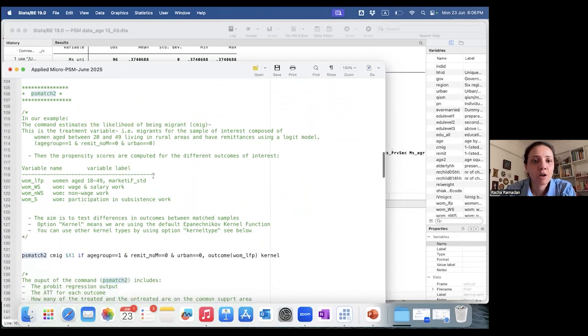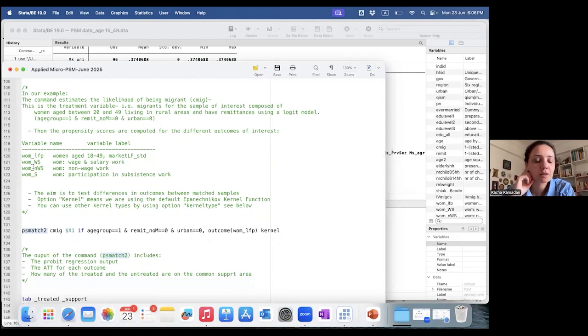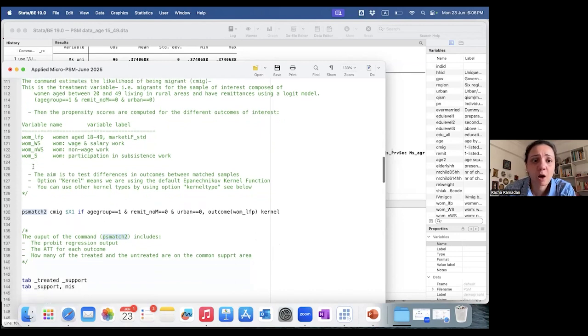Now, in the example in the do file, as you will see when I send it to you, you will find 4 variables that I consider as variables of interest: women participating in the labor market, women who are wage workers, women who are not wage workers, and women who are working in subsistence work. But I will focus now on labor force participation, and if I have time, I will check the other outcomes with you.